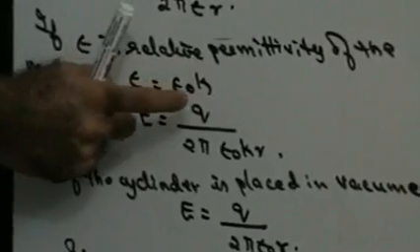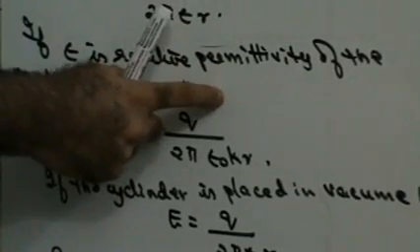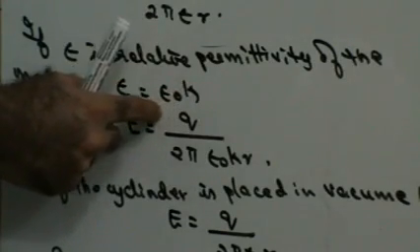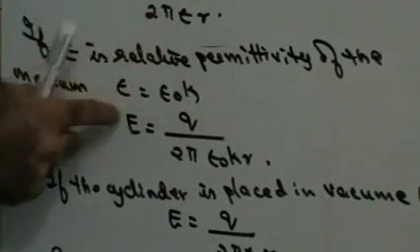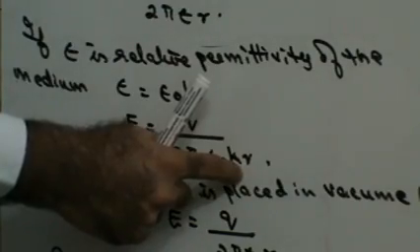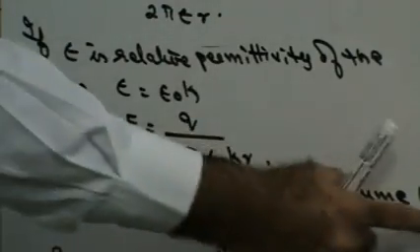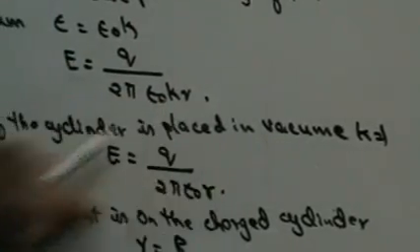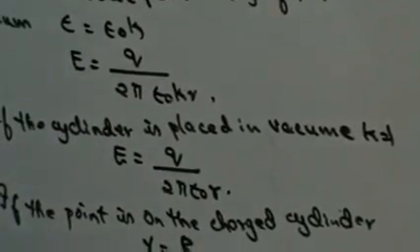Epsilon is the relative permittivity of the medium, which is nothing but the permittivity of air times K. So I'm substituting the value of epsilon as epsilon 0 K. For air, K is 1, so this will become 2 pi epsilon R. Now see this diagram.